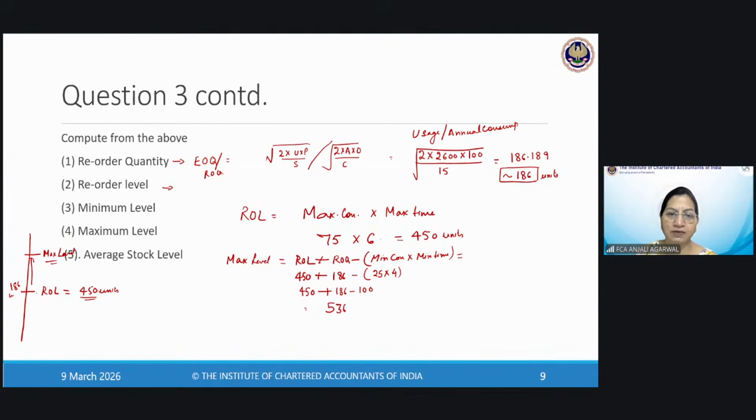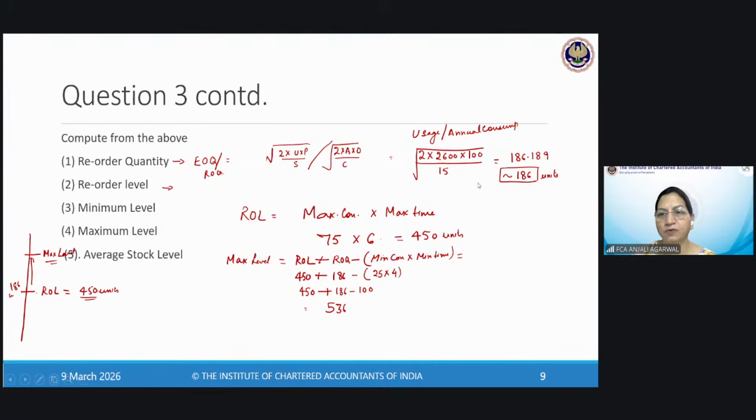Maximum level is reorder level plus reorder quantity minus minimum consumption into minimum time. So reorder level was 450 using the formula maximum consumption into maximum time. Then you have placed an order for 186 units. So 450 plus 186 minus minimum consumption into minimum time.